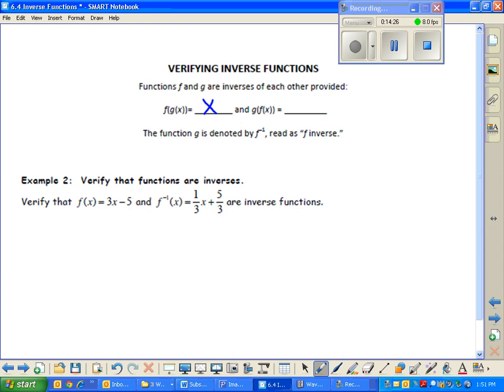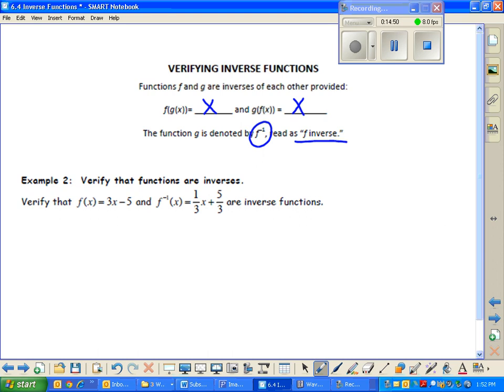And then if you work out g of f of x, and you get x there as well, then we could say those two functions are inverses of each other. So you see why I had to teach you composite functions, because it's embedded in inverses. And here's that thing again. That little f to the -1st is read as f inverse.